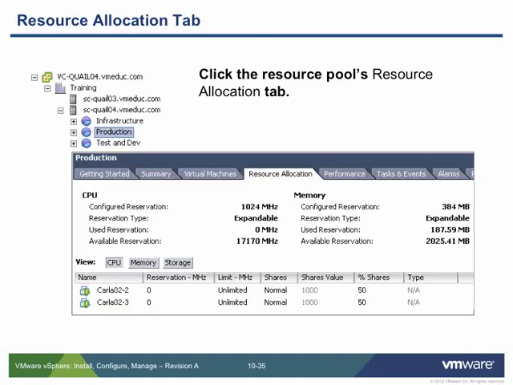If you click on the resource allocation tab, a couple tabs over, you can again see CPU, memory, and storage. Within that view, you can see which virtual machines are using which resources, and you can see their settings as well.